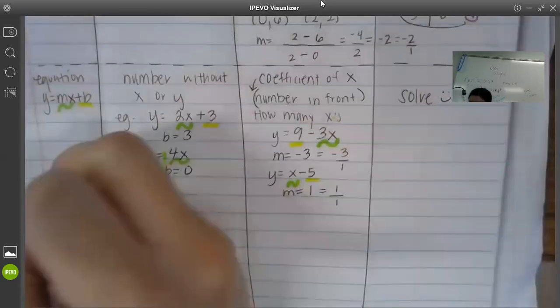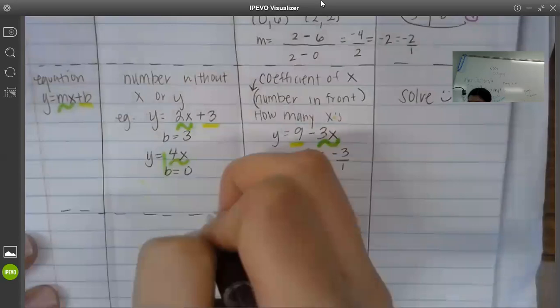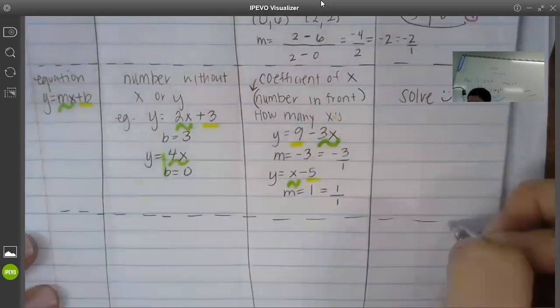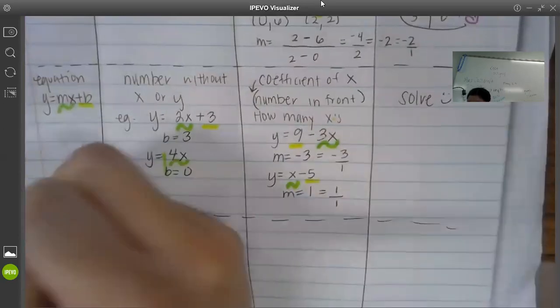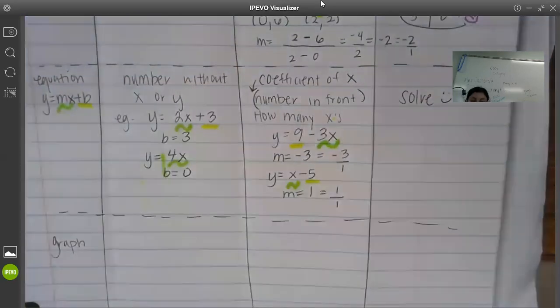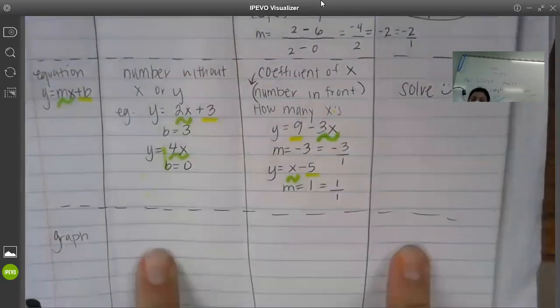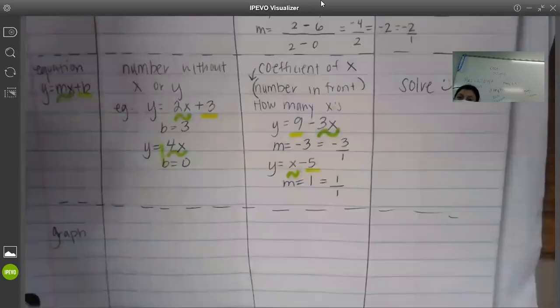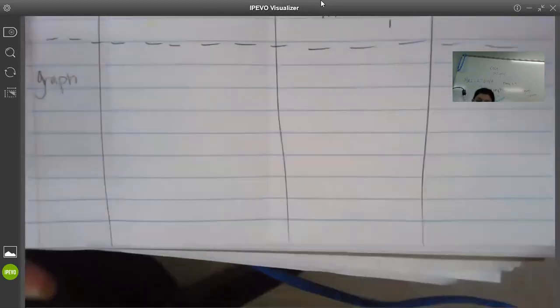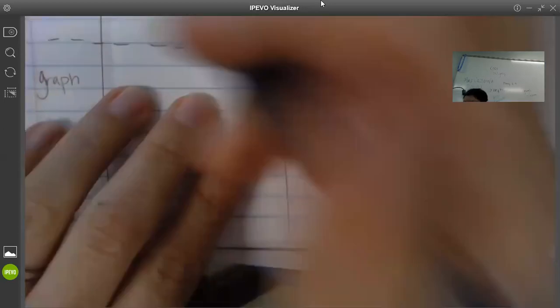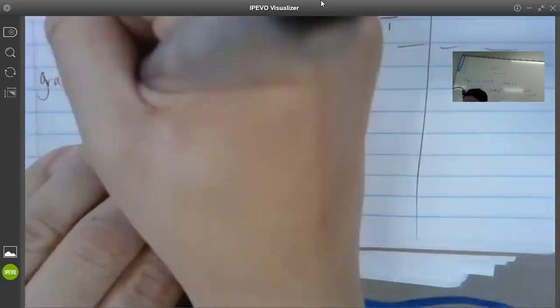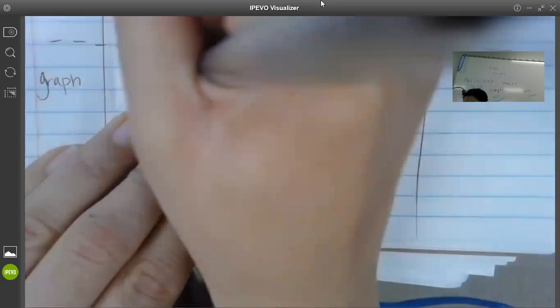All right, last one, the graph. Now, for the graph, these you just look at. This one has some steps to do. So this one right here is a point on the y-axis. You just look.